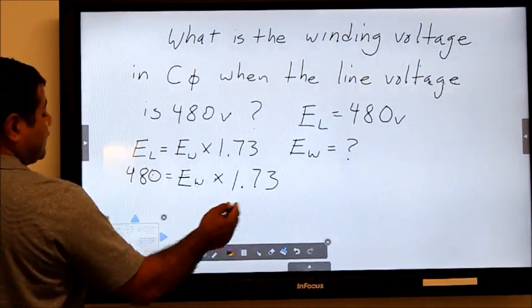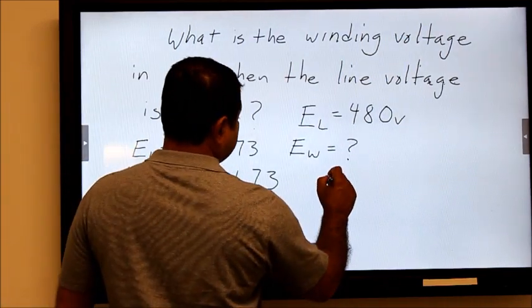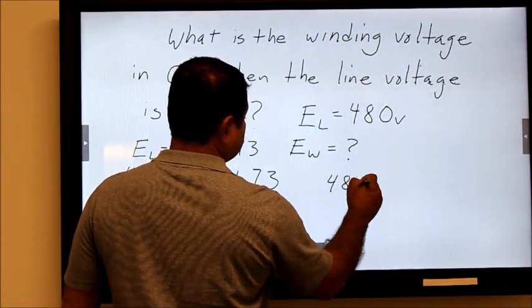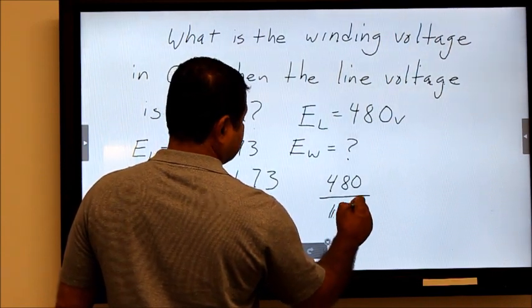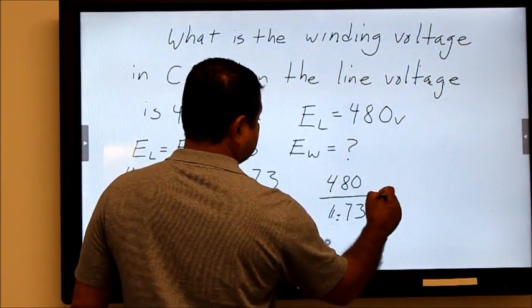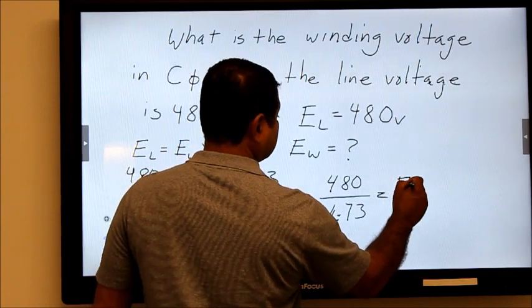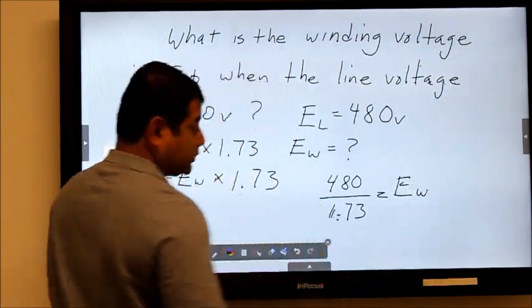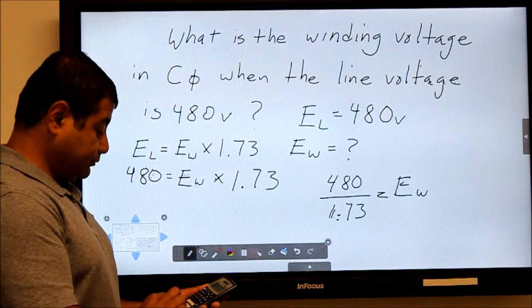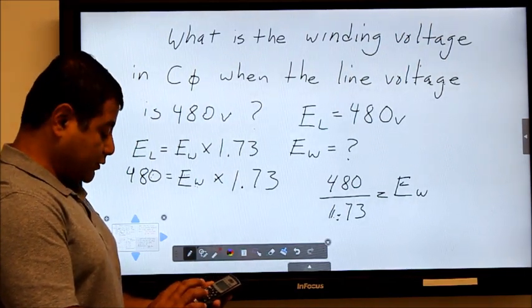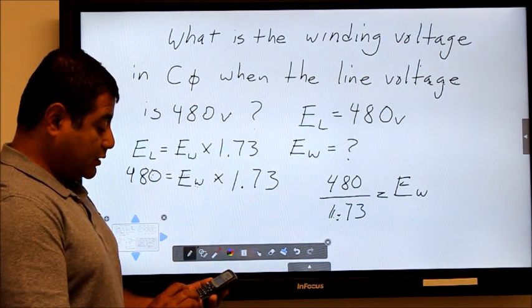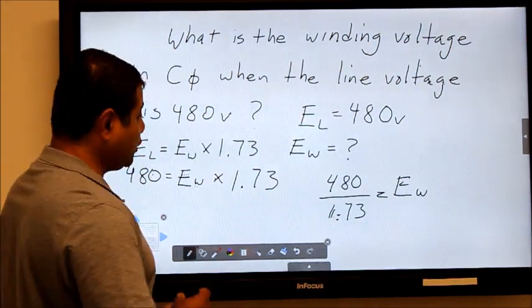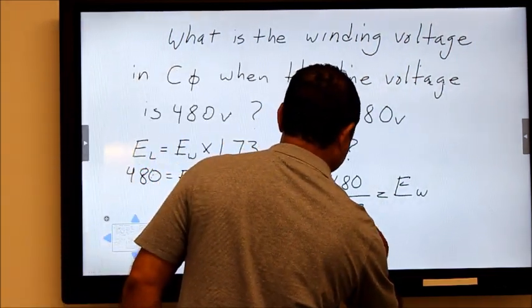You divide both sides by 1.73, and I get 480 divided by 1.73 gives me my winding voltage. So you get your handy dandy calculator, and you do 480 divided by 1.73, and that gives me 277 volts.